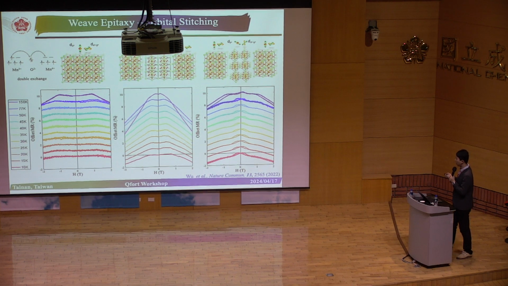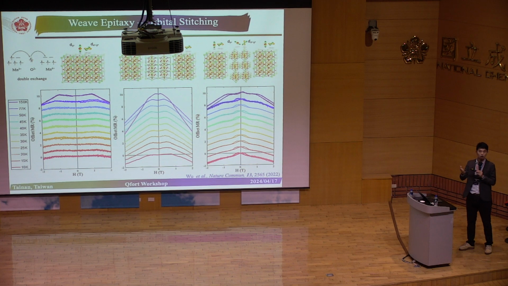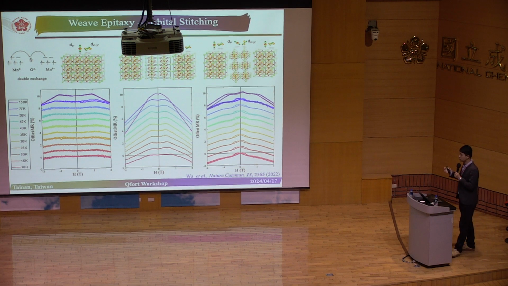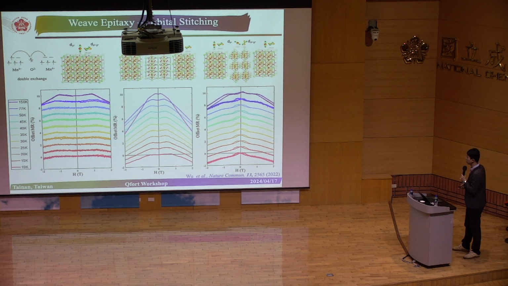I'm sorry that I don't have the time to go into great detail, but basically it follows a spin-polarized tunneling model. When you introduce a nice and sharp grain boundary in CMR materials, you can observe something like this. But for the third sample, we not only rotate in plane but also along the out-of-plane direction.